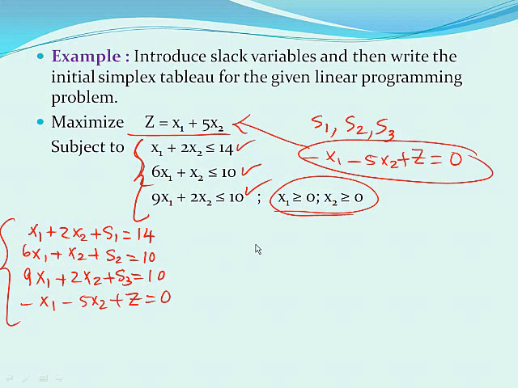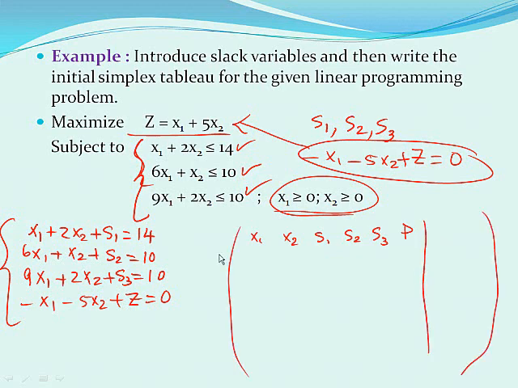So we are going to label the columns here: x1, x2, then s1, s2, s3, then p, then we have the space for the right hand side. And then I need to write the coefficients in that order. Taking the first equation: 1, 2, s1 coefficient is 1, s2 is absent, so it will be 0, s3 is again absent, 0, p is absent, 0, right hand side will be 14.